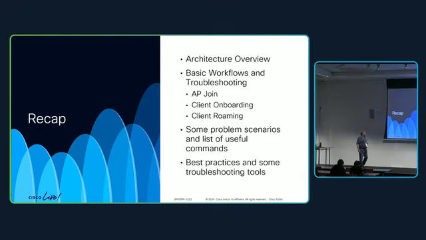So with that, I come to the end of my session out here, and I would like to quickly recap. We have gone through briefly the architecture overview, the basic workflows and troubleshooting, where we covered 3 workflows, that is AP join workflow, client onboarding workflow, and client roaming workflow, where we have gone through the packet captures, packet flow, and troubleshooting, what exactly we can troubleshoot. You must have seen very common commands which you use in day-to-day life, but it's just about correlating those things.